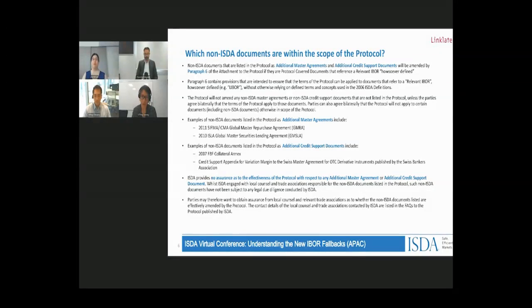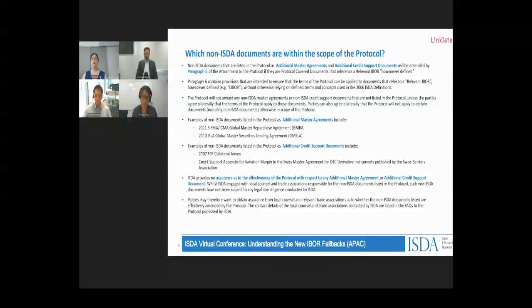So they have done some work to provide some level of comfort, but do be aware that each of us will need to do our own due diligence and our own assessment and analysis as to how effective adhering to the protocol would be in respect of these additional master agreements or additional credit support documents.